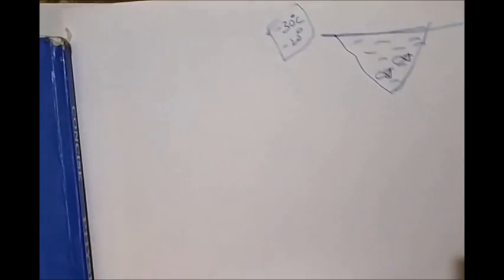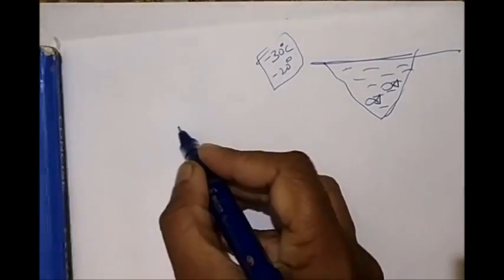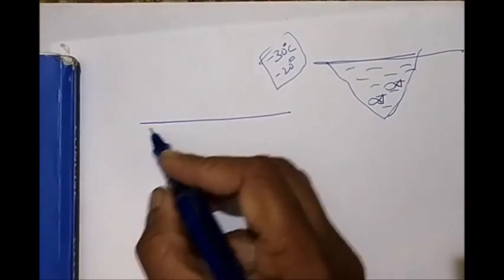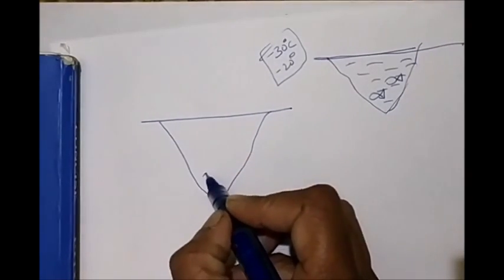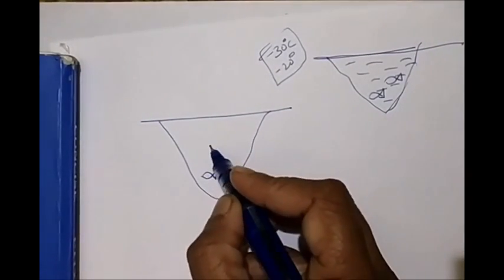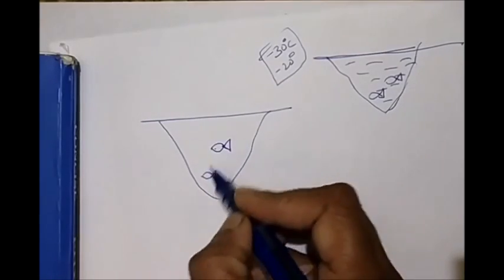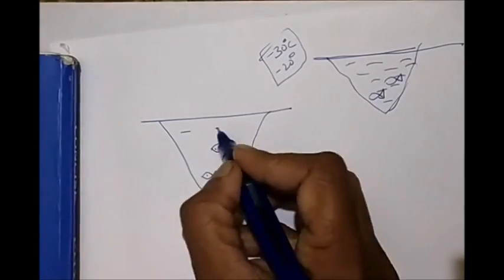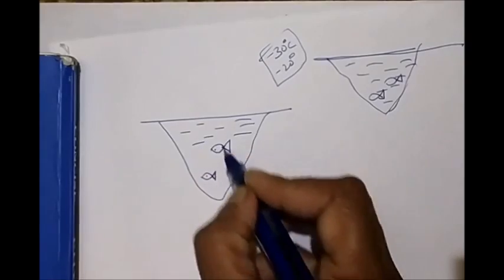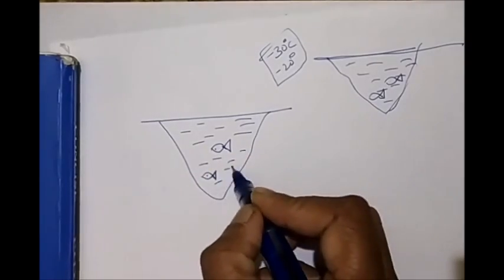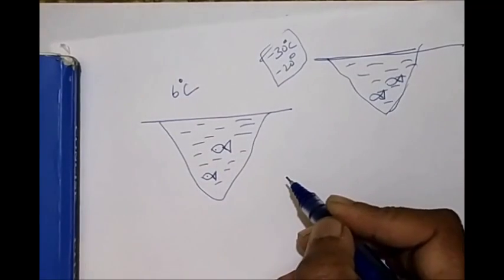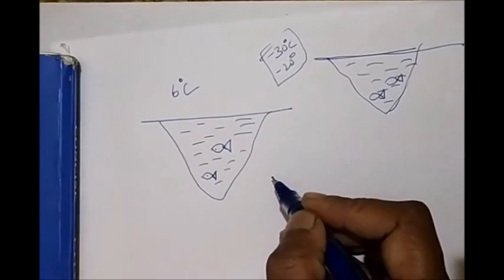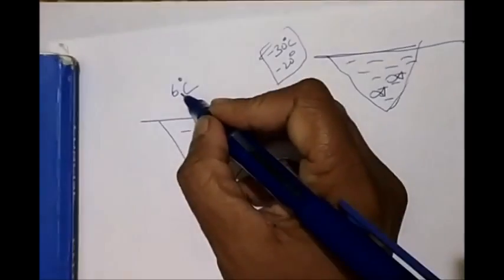So the explanation goes like this. There is a lake which has fish and other aquatic animals. Now the temperature outside was say 6 degrees Celsius one evening, but that night it became very cold, and so the temperature was going down.